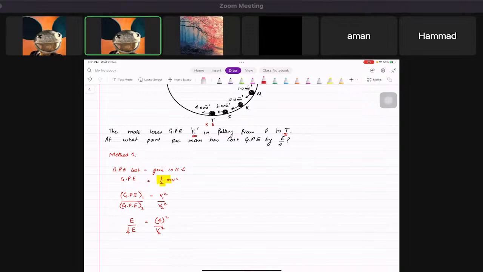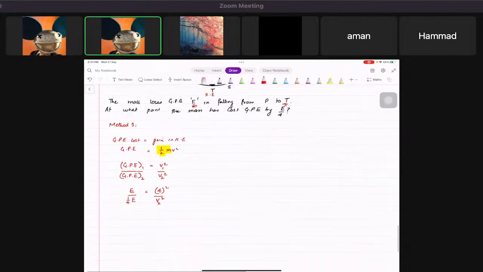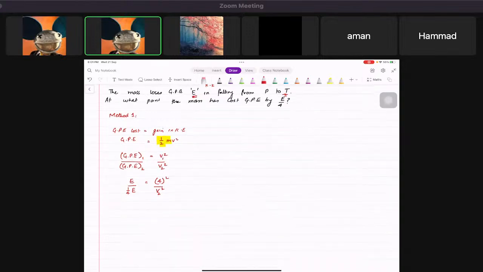Now, what you can do is cancel the E out, multiply by 4, or you can just write it like this: E times V2 square equals 4 square times a quarter E. Can I write it like this? Yes. E is on both sides of the equation, so I can cancel this out.